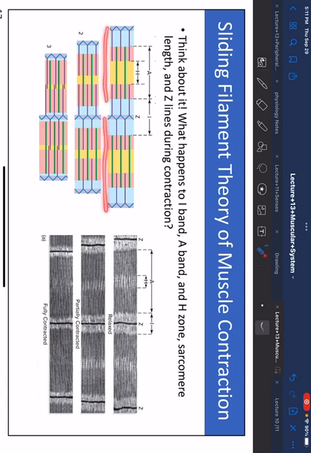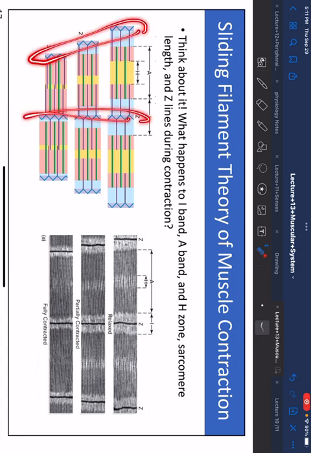During contraction, we're going to shorten the length of both of the sarcomeres. And you can see that the I bands decrease in length. The H zones also decrease in length. The A band in green stays the same length, and the Z lines come closer together.